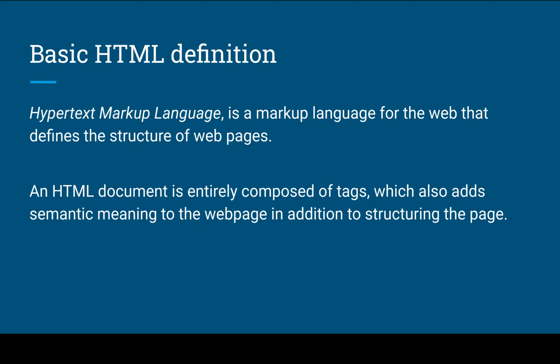A tag like header would be used to identify the header part of your web page, and a tag like section will be used to identify a section of your web page. So if someone is looking at your HTML file, the person knows, oh, this is the header, so this is where these tags and everything that's defined within them is supposed to be.